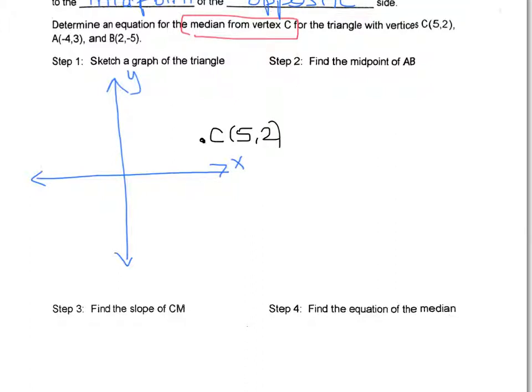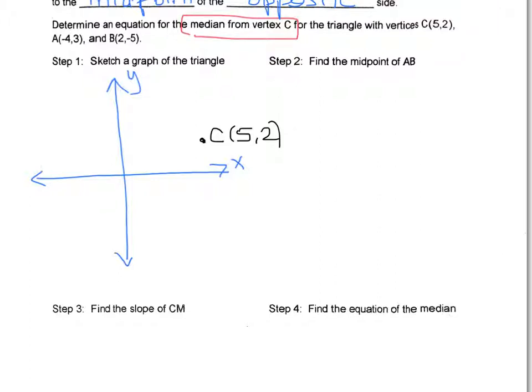Notice I went a little bit less than half of the width up. So if this is 5, about half would have been 2.5, so I went down a little bit lower than that. I'm going to draw (-4, 3), so negative 4.